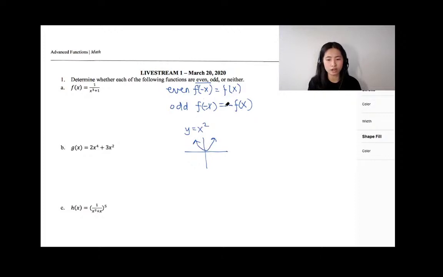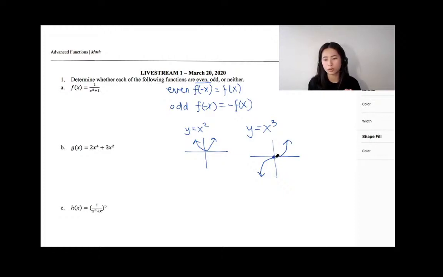But for an odd function, let's say you're looking at y is equal to x cubed, which is a cubic function. Your symmetry is actually 180 degrees, and you have a point symmetry, to be specific, right here.